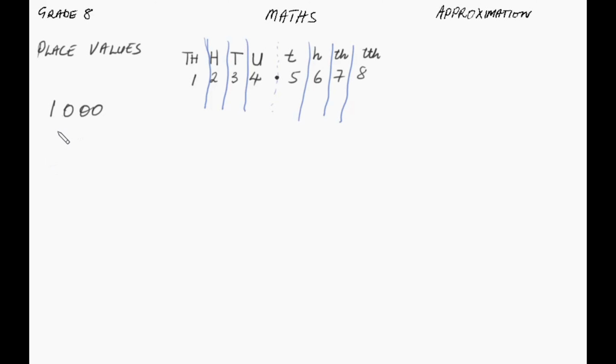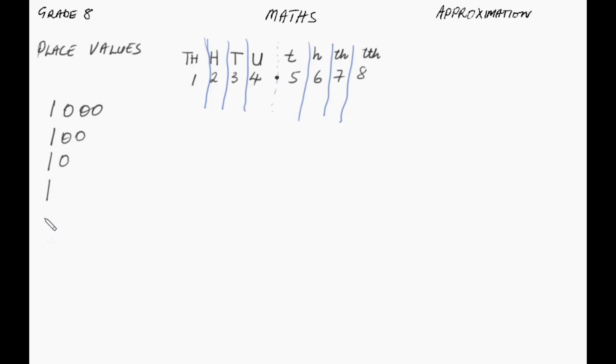Now 100 would be 100. So tens would be like this. Then the unit would be just 1. All right. Now, how do we write tenth?